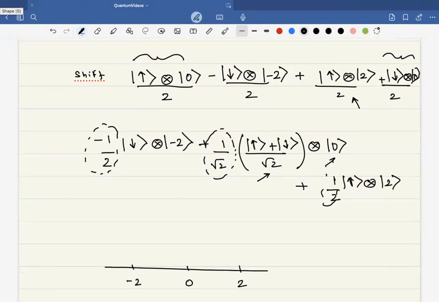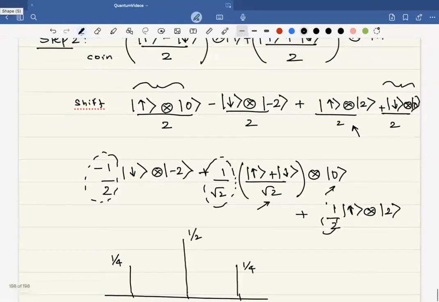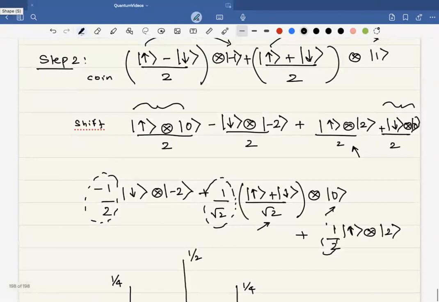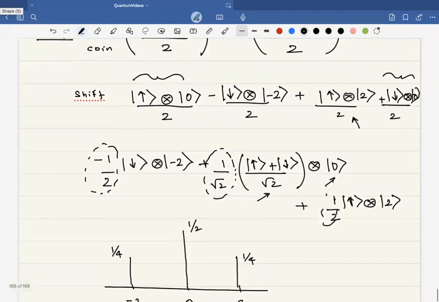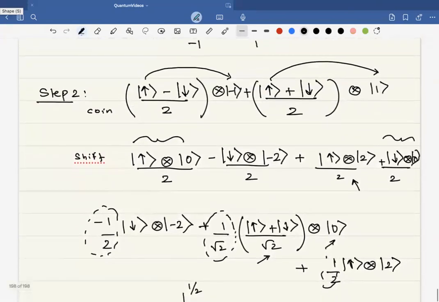The probabilities are -1/2 squared, which is 1/4, this will be 1/2 squared, 1/4, and this will be 1/2 squared, which is 1/2. Again, we are right now in agreement with the classical walker.